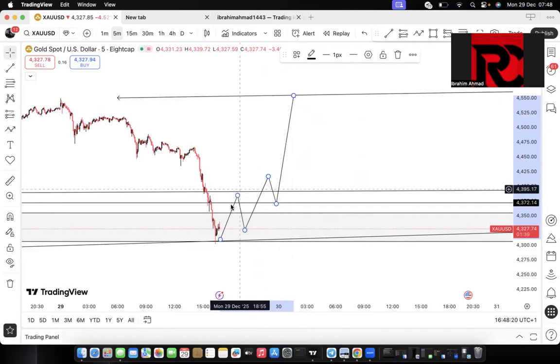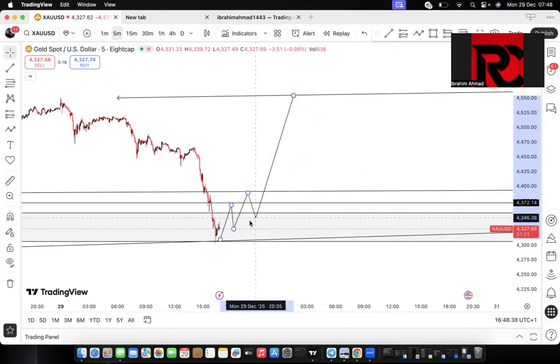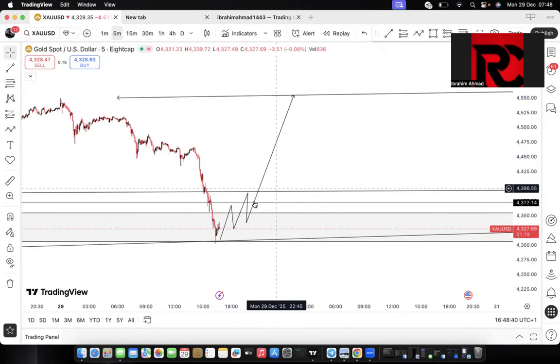It doesn't even have to reach up here. As long as price starts to form higher highs and higher lows, you can just start to look out for your entries. Okay, it doesn't have to be up there. It can start to happen down here.